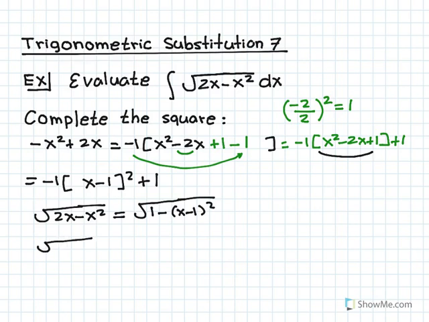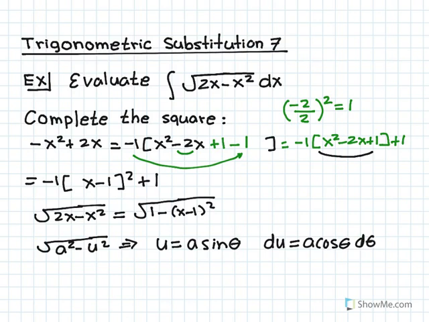So if we have root of a squared minus u squared, constant squared minus variable squared, we make the transformation u is equal to a sine theta. Differentiate both sides, we get du is equal to derivative of sine is cosine. Du is a cos theta d theta.